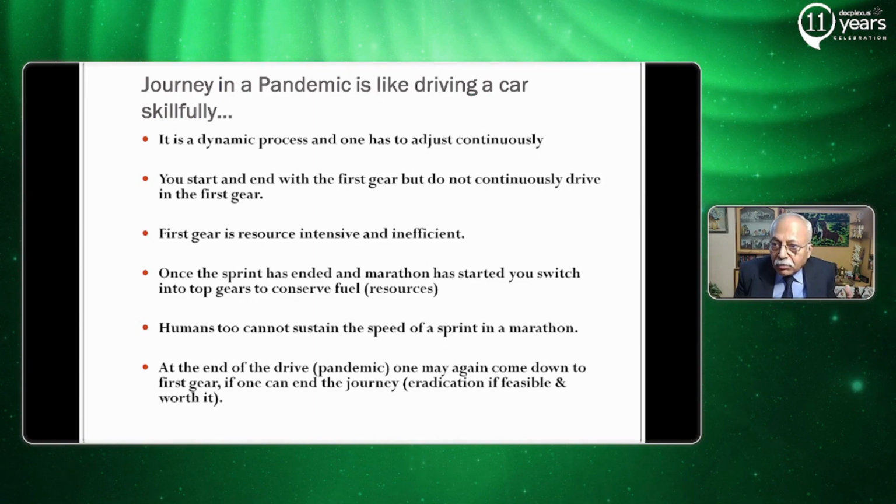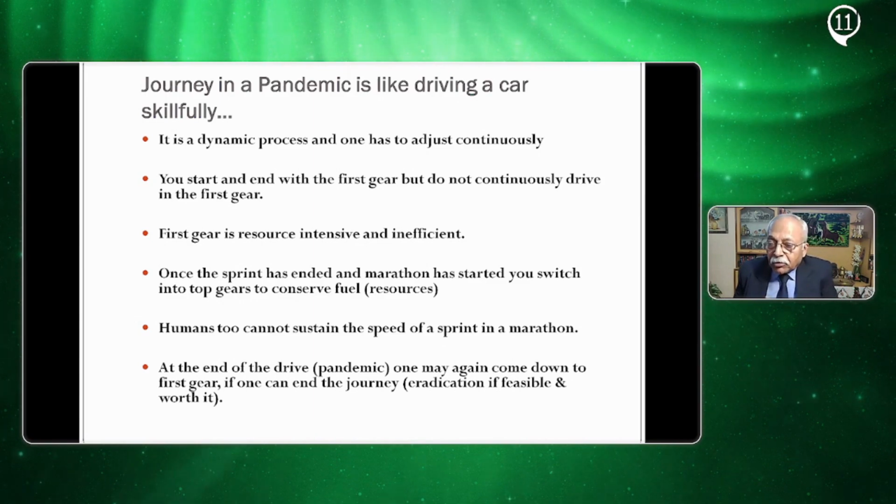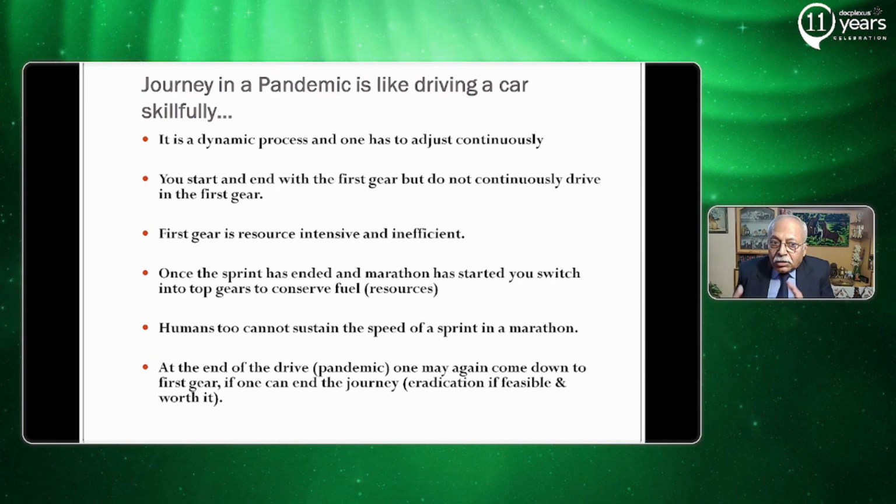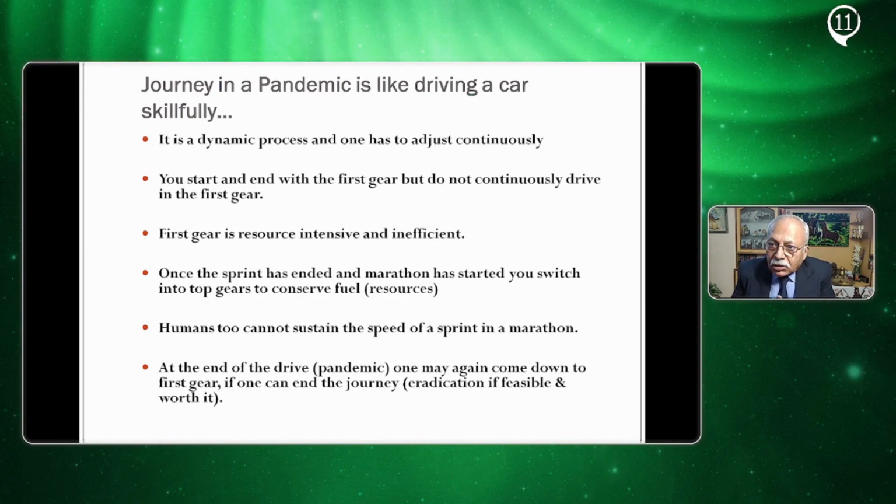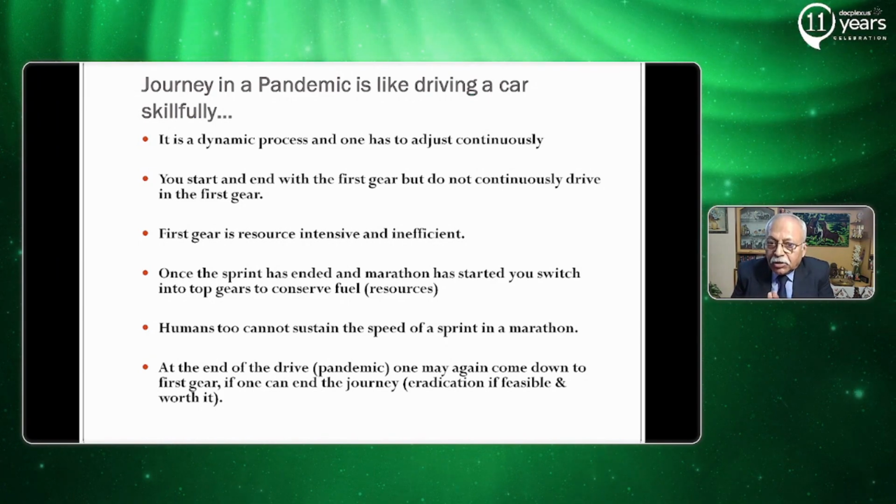Similarly, a runner runs a sprint at full speed, but when you have to run a marathon, it is different. The pandemic started as if we would control it within 100 days or within 2 weeks by fully deploying all the resources and heavy resources, but it continued into a marathon, and we should have changed course in between.